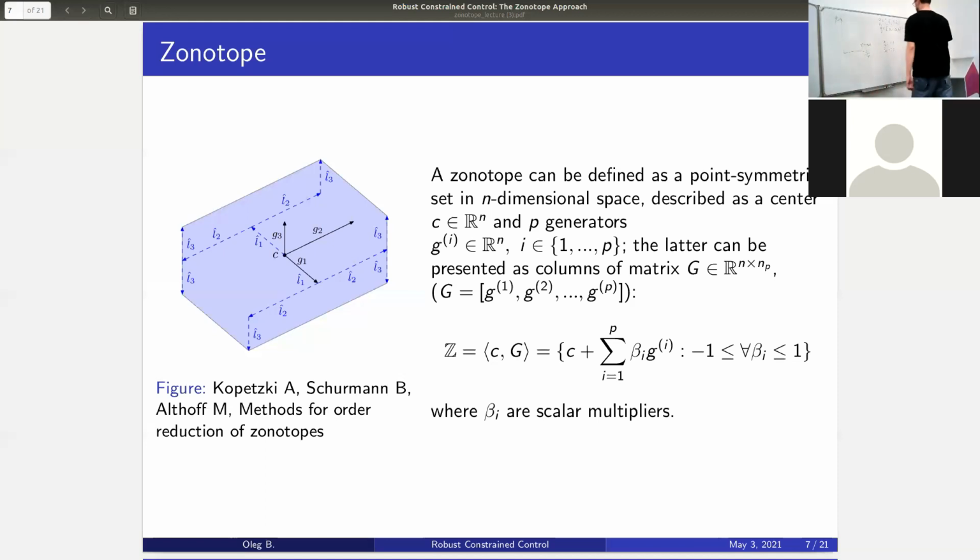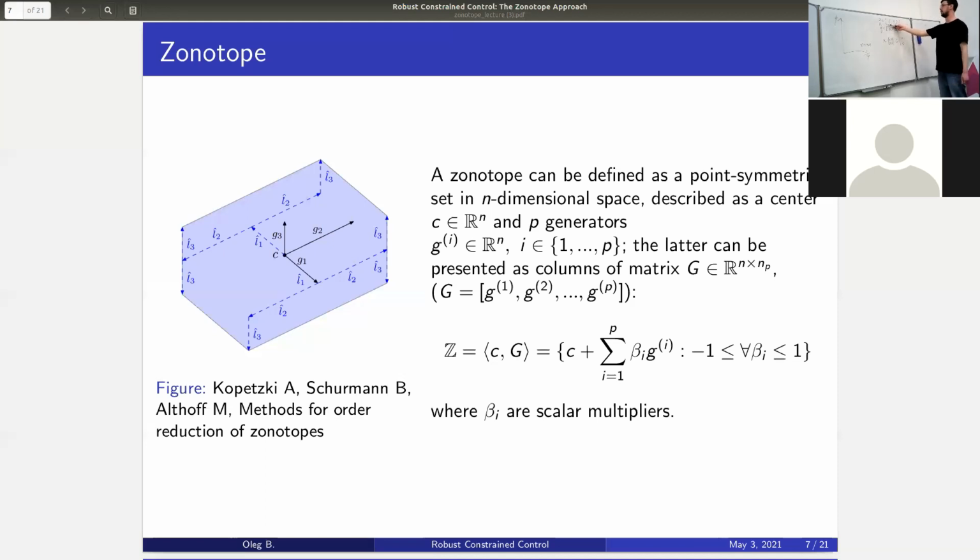And here we have center 0.1, 0.1, and generator 0.1, 0 and 0, 0.1.